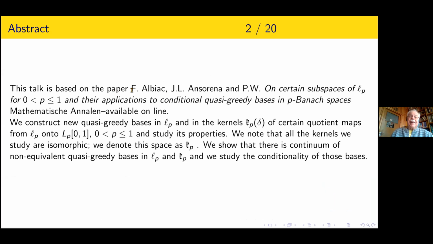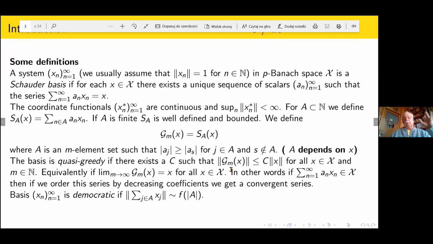This is equivalent, however it is not very trivial, to the limit of G_m of x being x for every x in X. Now, this was studied before the greedy basis in various settings, because basically this convergence boils down to the convergence of this series here or here, when we arrange the coefficients in a decreasing way.